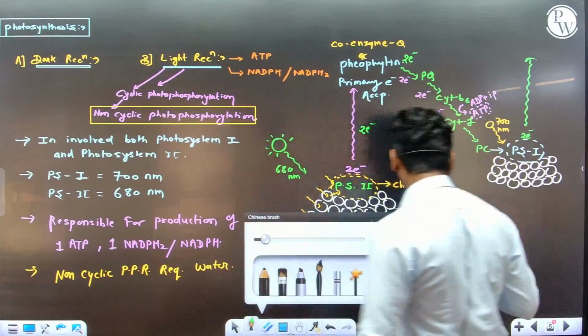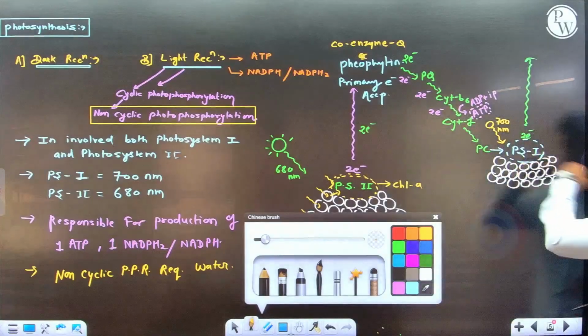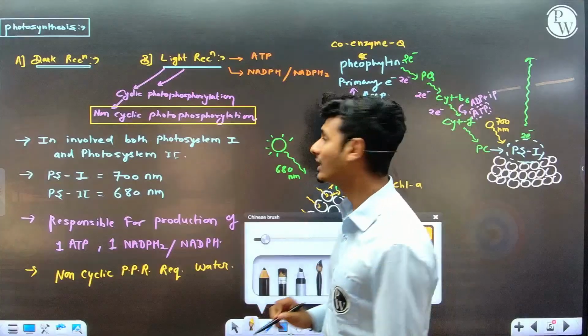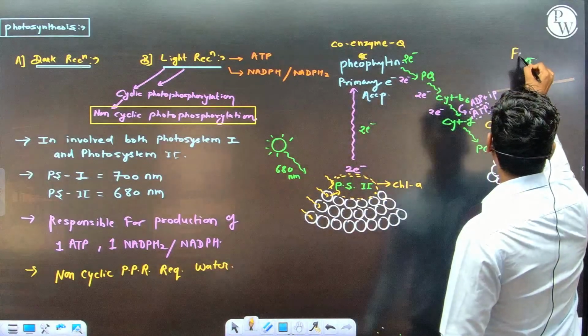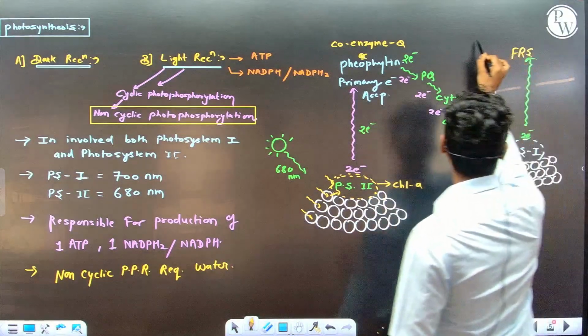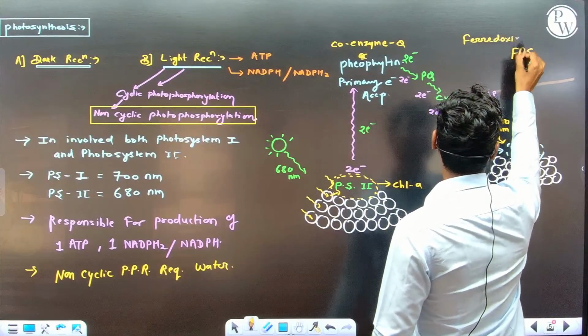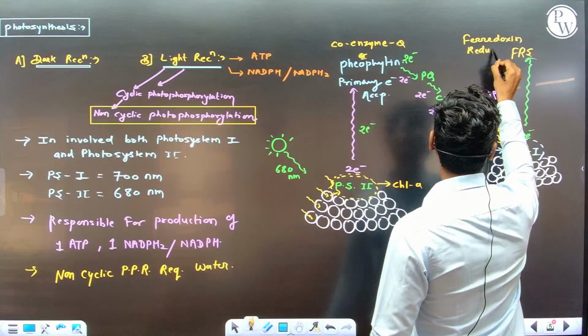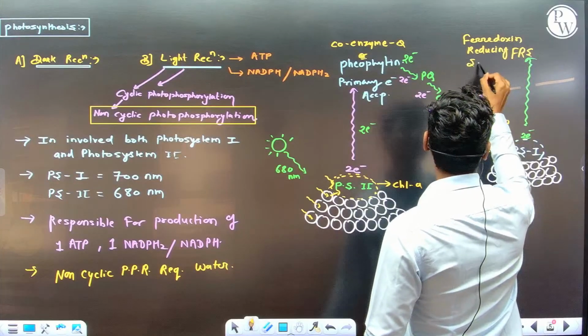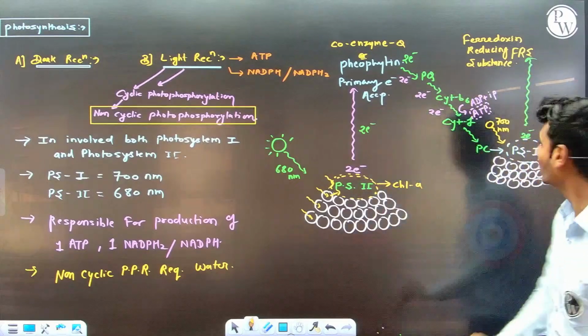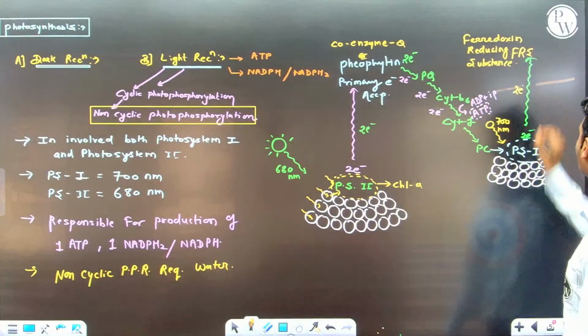But now the primary electron acceptor of PS1 is FRS, and FRS stands for ferredoxin reducing substance. 2 electrons are absorbed by ferredoxin reducing substance.